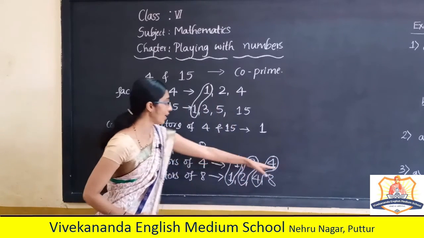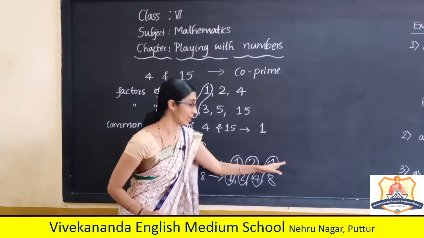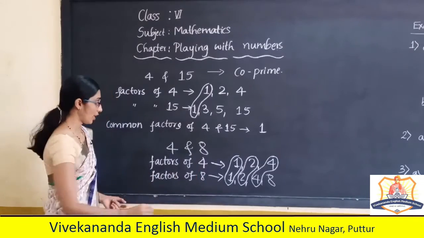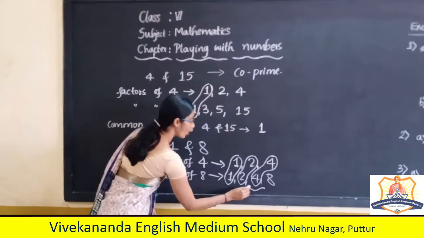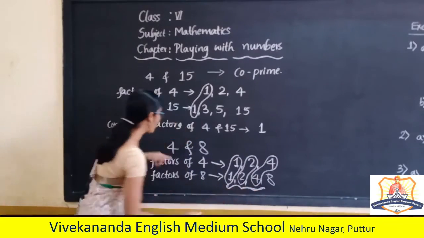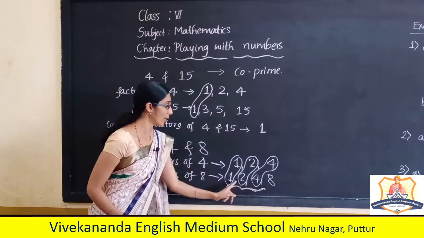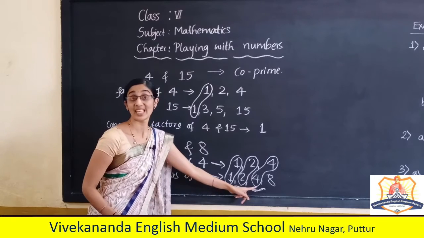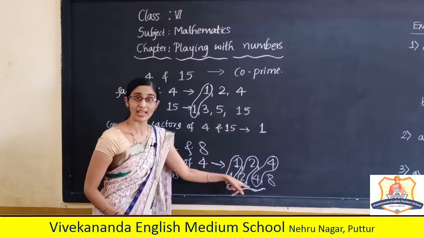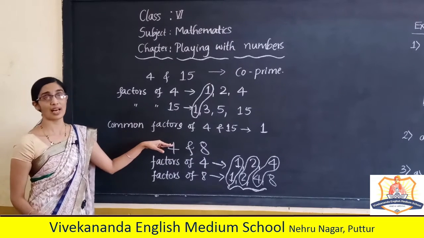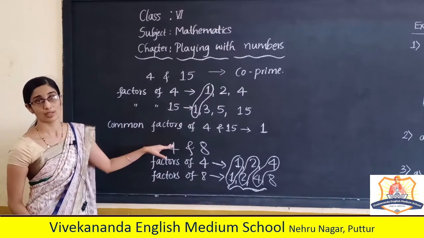Okay. 8 we cannot get here because it is greater than 4, right? So how many common factors has this pair of numbers got? The pair of numbers has got 3 common factors, right? So this pair of numbers we cannot call co-prime numbers.